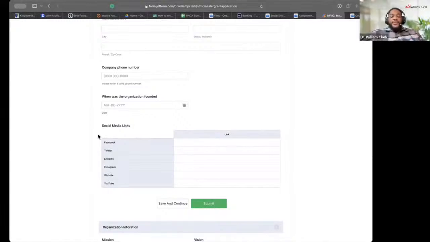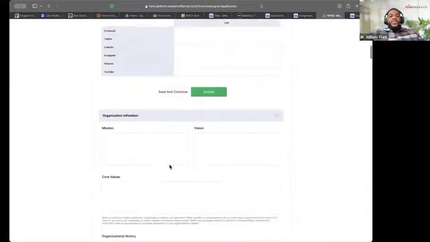It gives further context to the story, to the background of who you are. In some cases, funders may want to follow you and be a part of the journey socially and say, we follow this group. We want to tag you. If we fund you, we want to be able to share what you're doing on our timeline, etc. So they'll ask for that information.